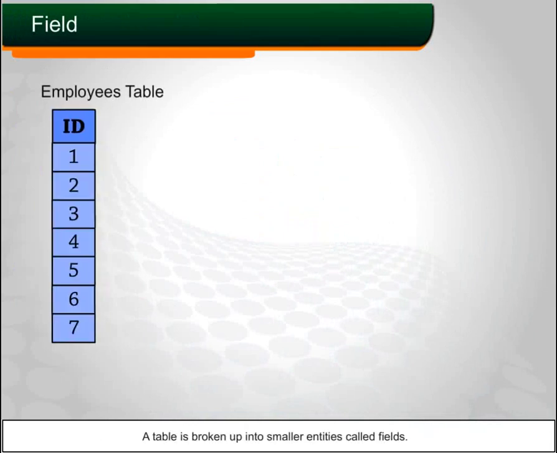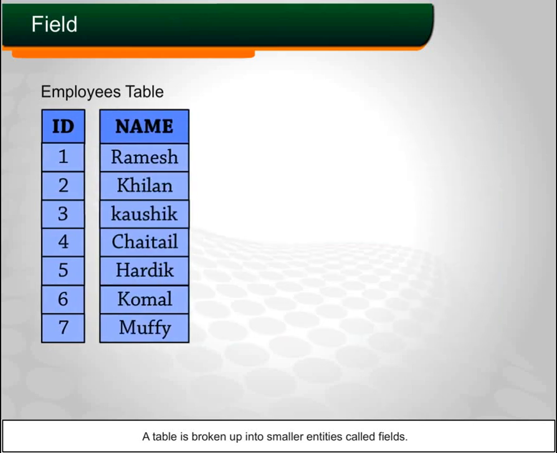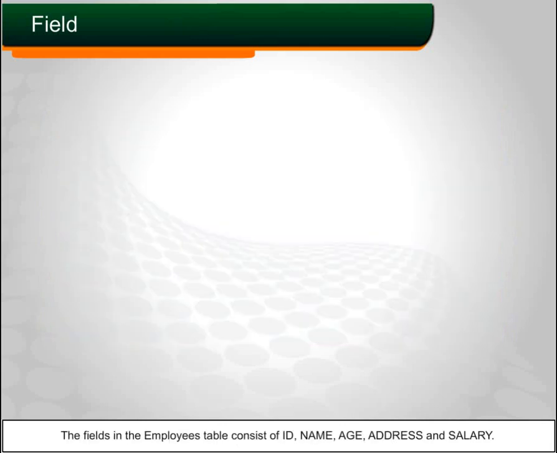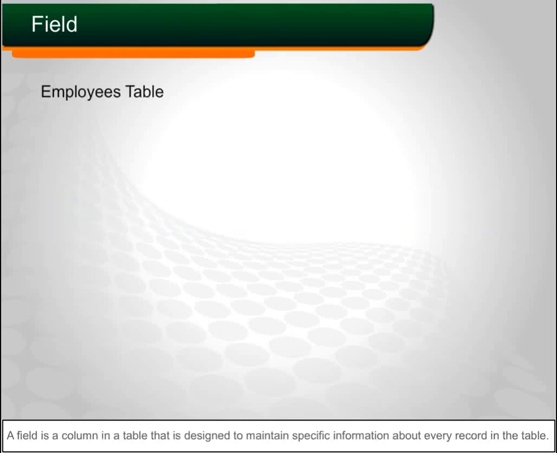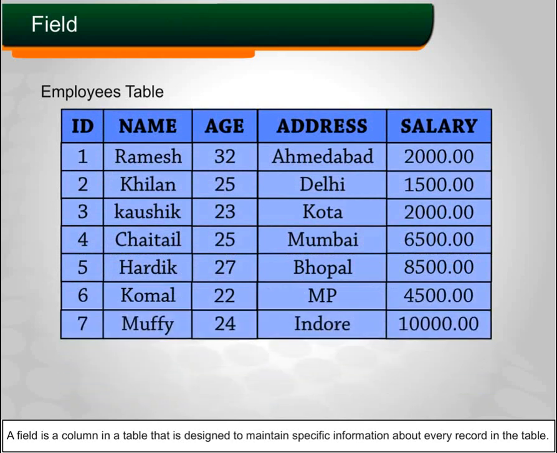Employee table. A table is broken up into smaller entities called fields. The fields in the employee table consist of ID, name, age, address, and salary. A field is a column in a table that is designed to maintain specific information about every record in the table.